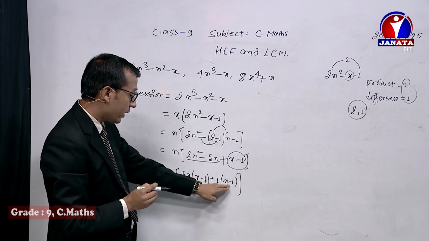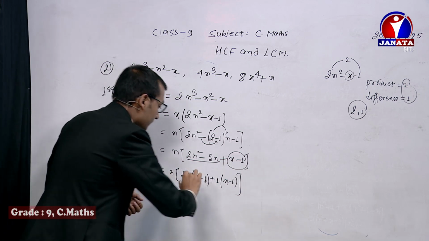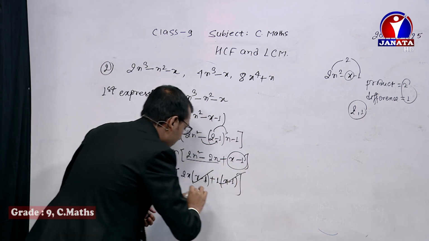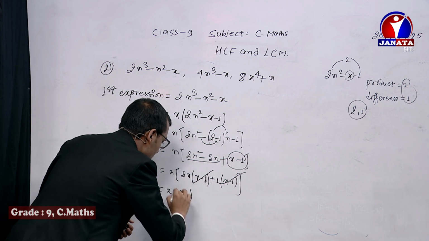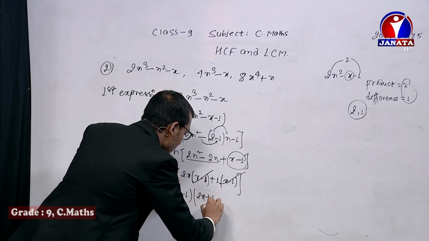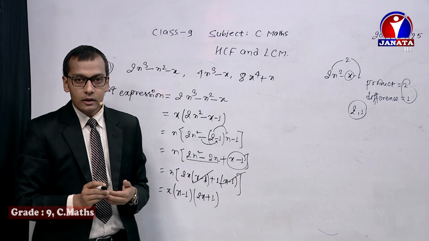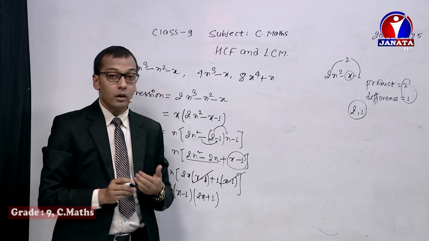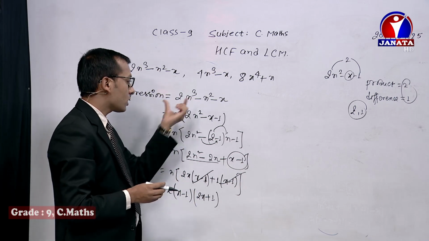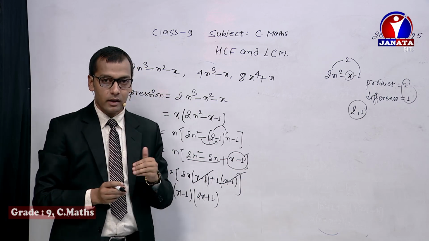X minus 1 is the common factor, so x as it is. We take the common factor x minus 1 times the remaining terms, 2x plus 1. So these are the factors of the first expression 2x cube minus x square minus x.